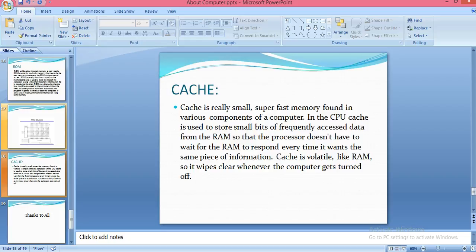The CPU cache is used to store small bits of frequently accessed data from the RAM, so that the processor does not have to wait for the RAM to respond every time it wants the same piece of information. Cache is volatile like RAM, so it gets cleared whenever the computer gets turned off.